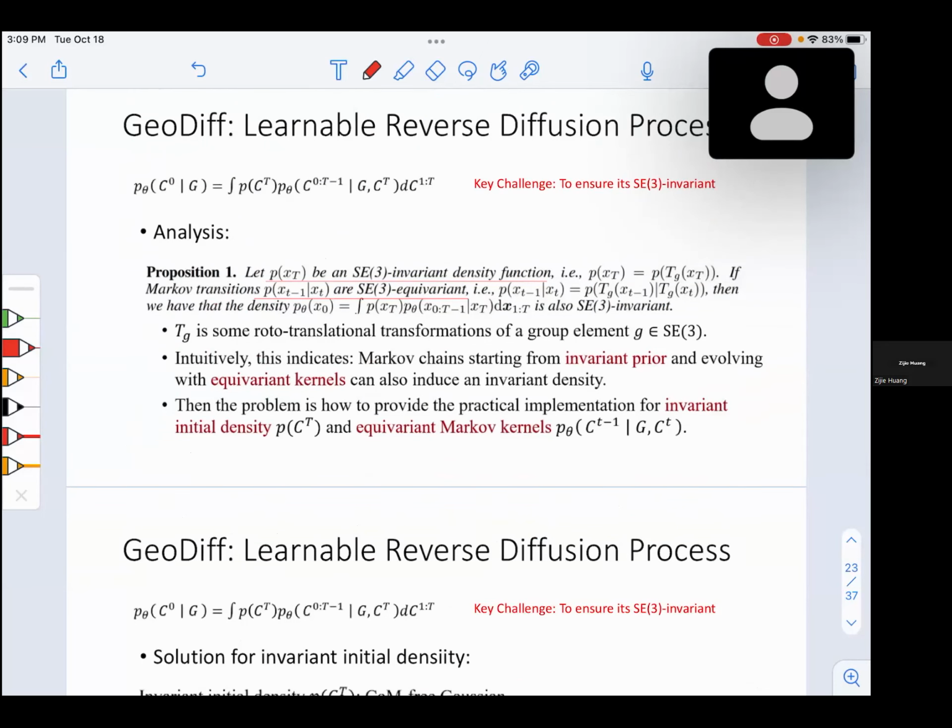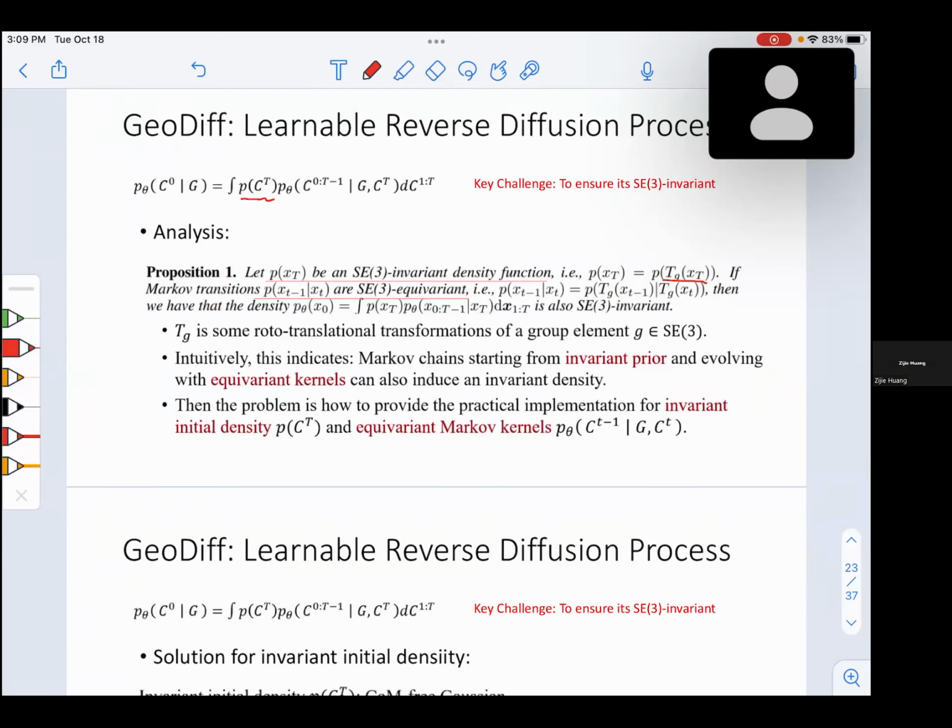In order to make this procedure satisfy the equivariance constraints, we have to ensure two things. One is that p(CT) should be an SE3 invariant density function, meaning that any rotation or translation applied to the input CT coordinates will not change its density distribution.